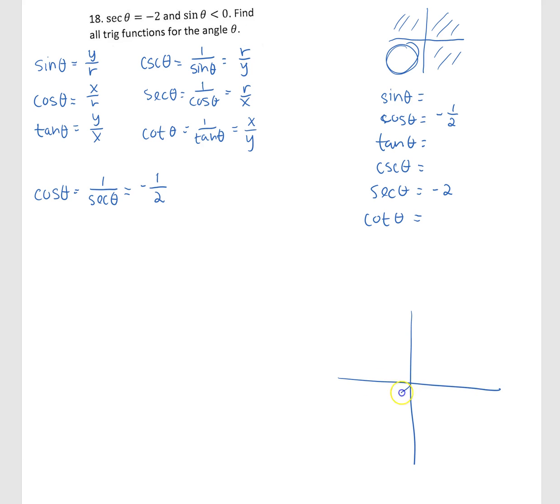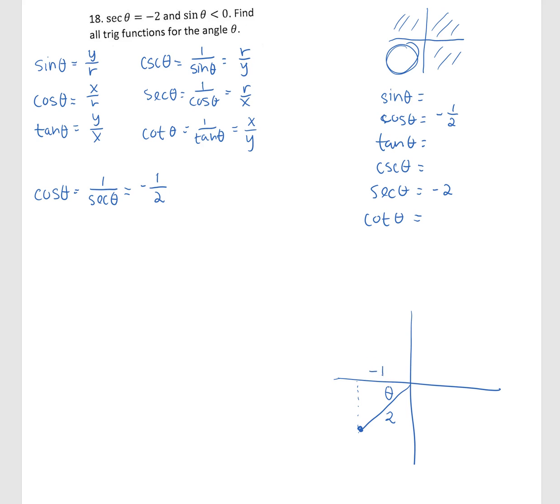We basically have some angle theta here, and this is our x and this is our y. We know that r is +2, and we know that x is -1.